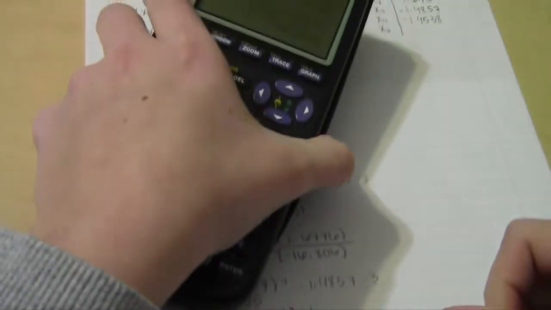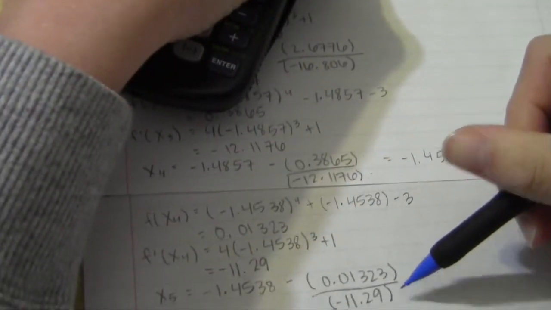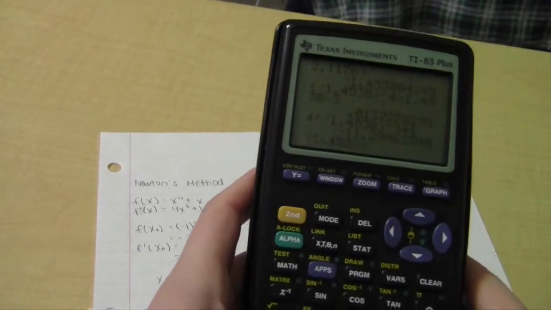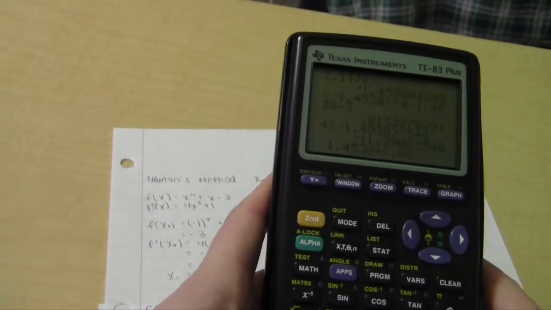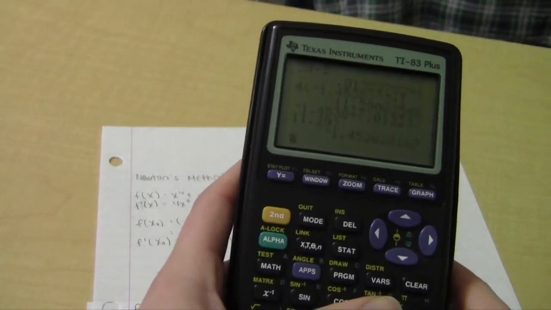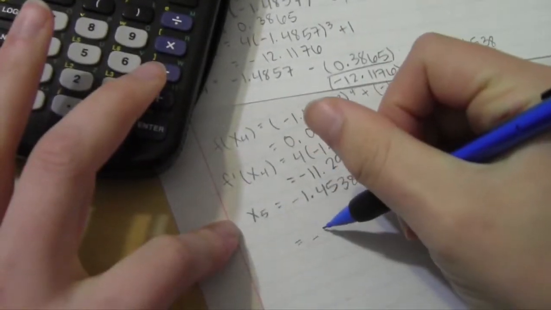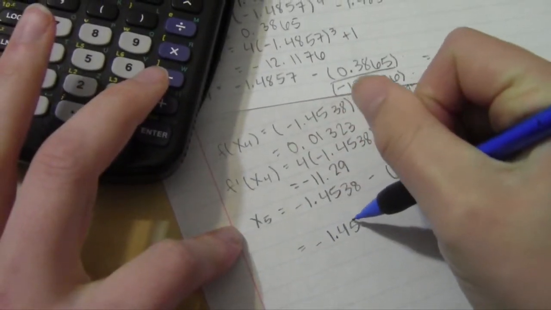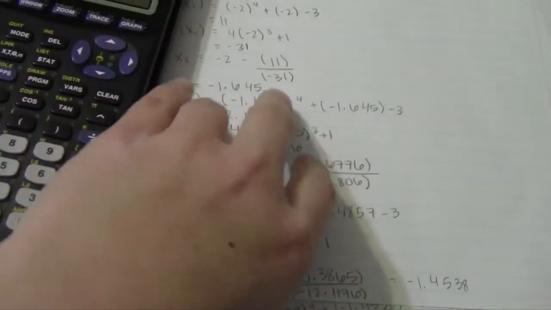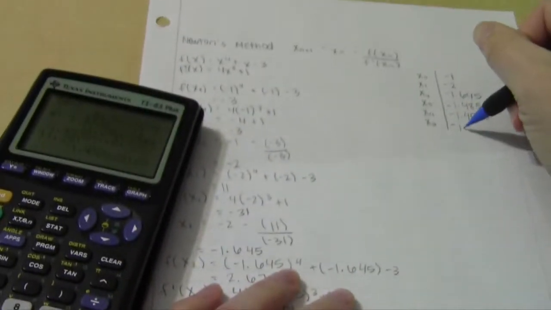Again, a negative divided by a negative in our fraction is going to give us a positive, so I'm just going to add that fraction. And we get about negative 1.4526 for x sub 5. We're going to put that into our table.